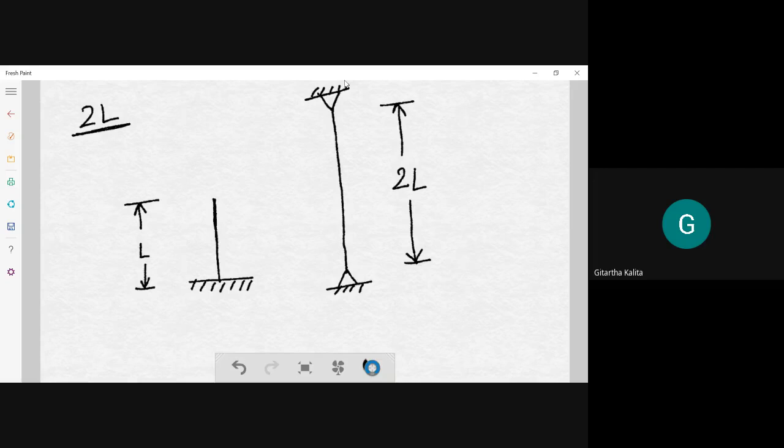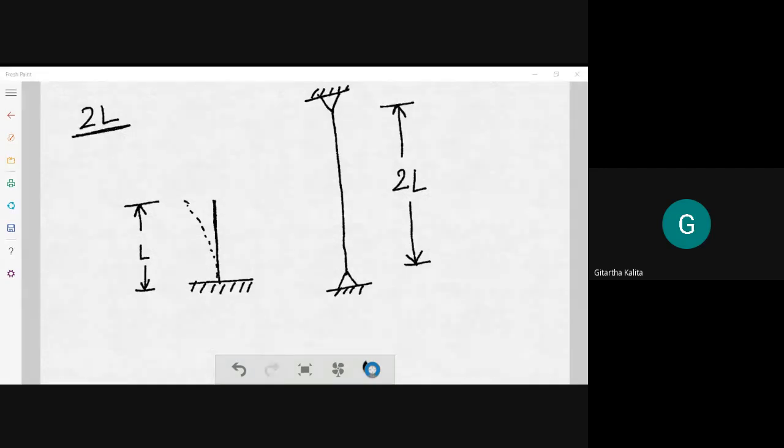Effective length is 2L for this column, one end free, one end fixed. This 2L means that this column has a strength equal to the strength of a column of length 2L with both ends hinged.